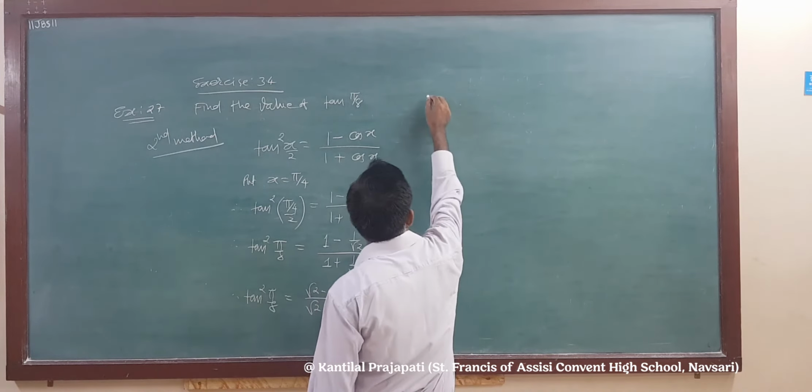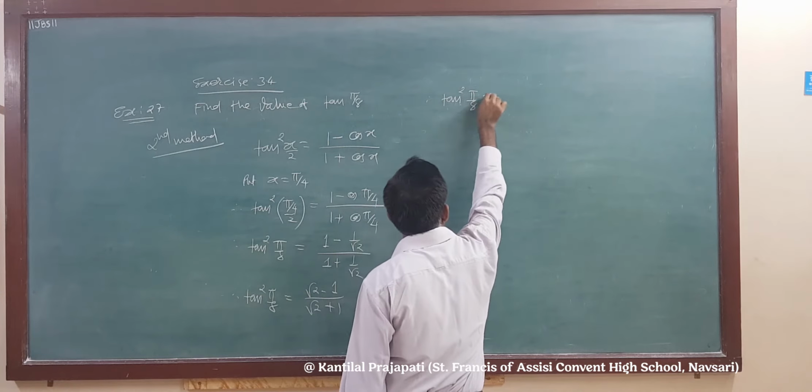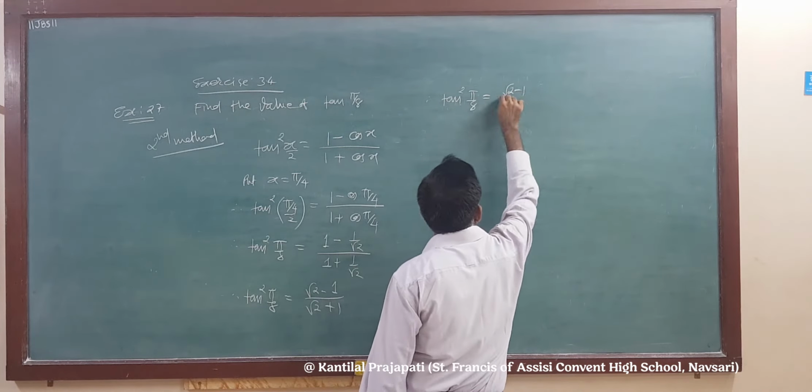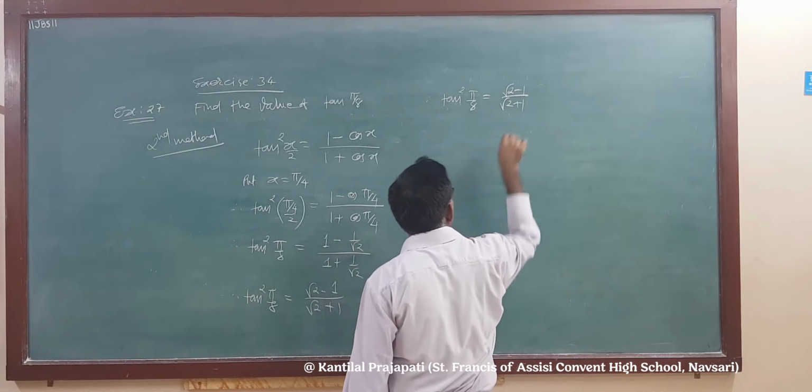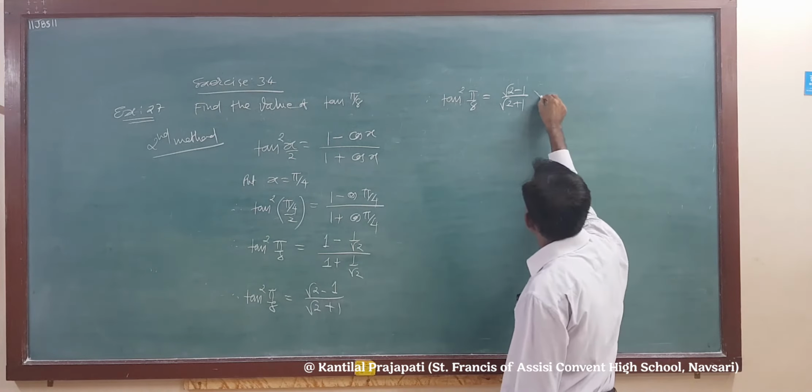So we simplify this. Tan square pi by 8 is root 2 minus 1 upon root 2 plus 1. To rationalise the denominator, we multiply and divide by the conjugate of the denominator, which is root 2 minus 1.